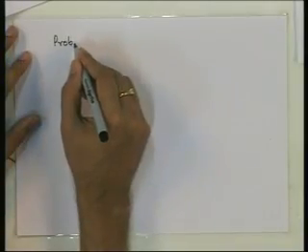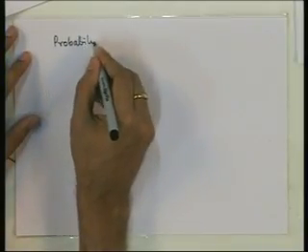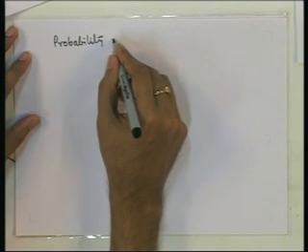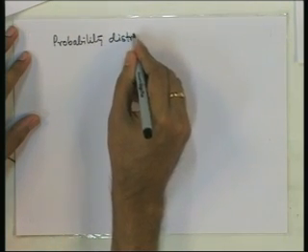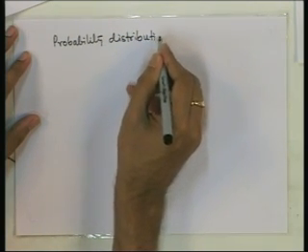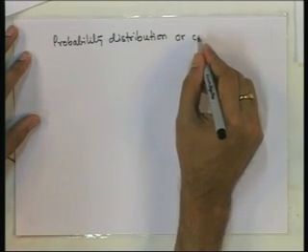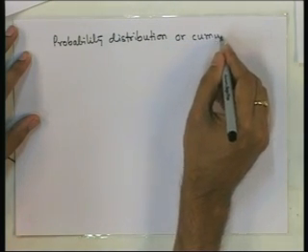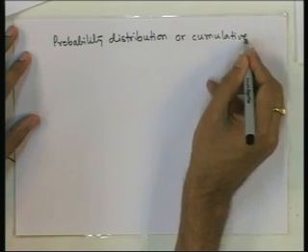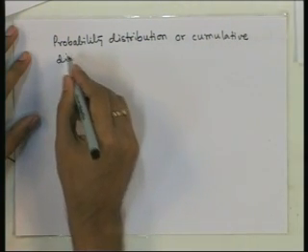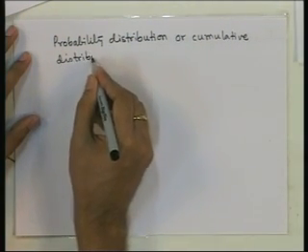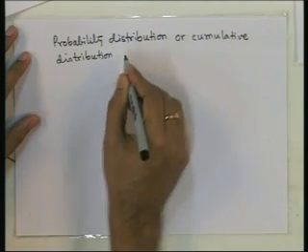So, we can now talk about what is called a probability distribution, or also known as cumulative distribution function.